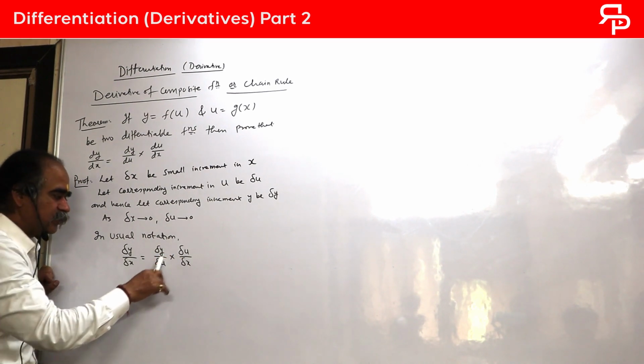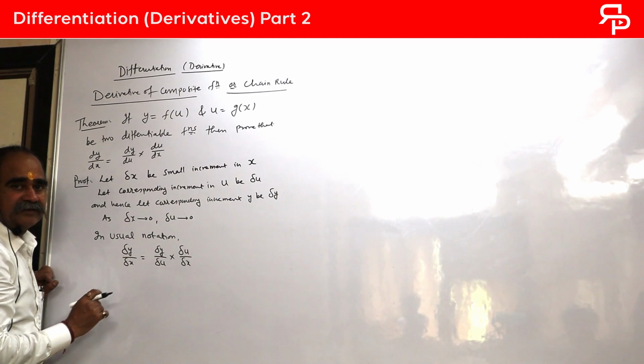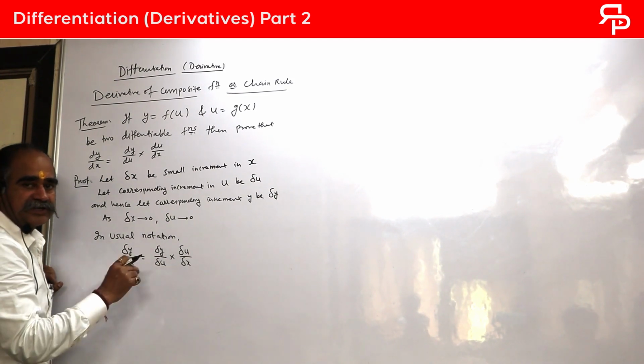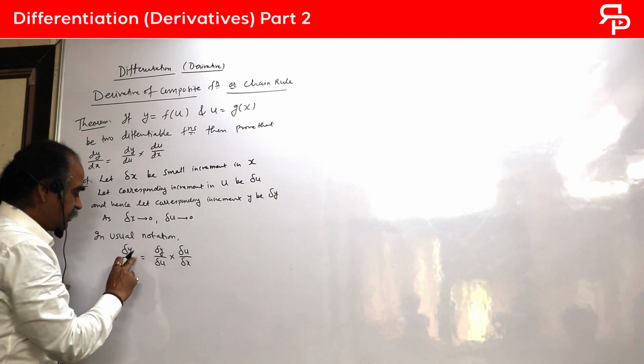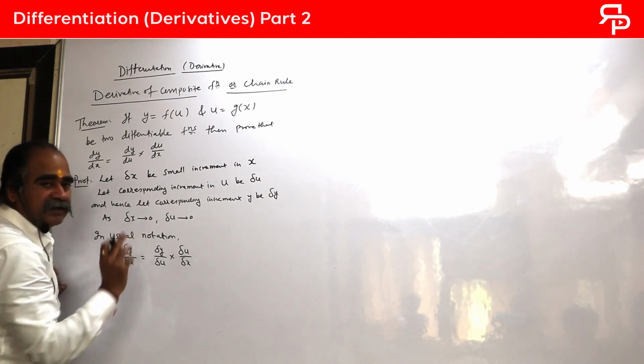Here delta u will get cancelled. What is left? Delta y by delta x. That is why it is called usual notation.